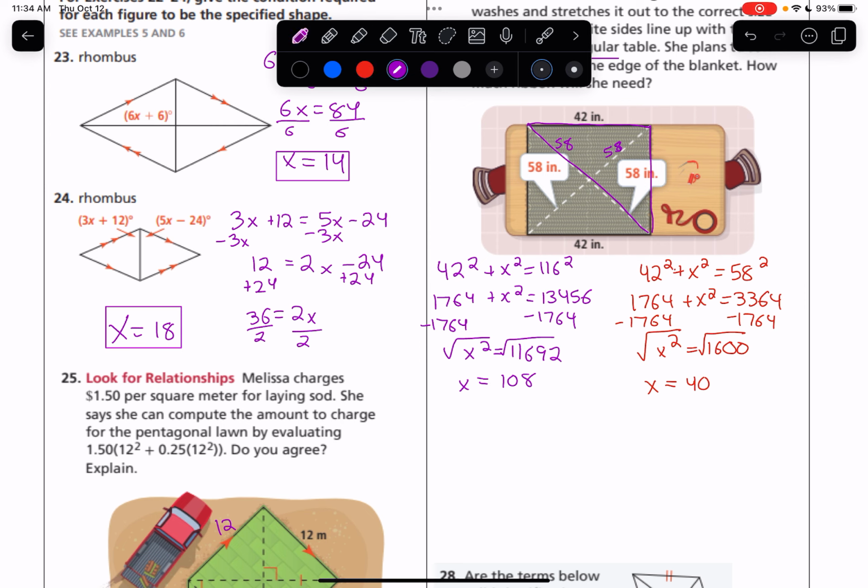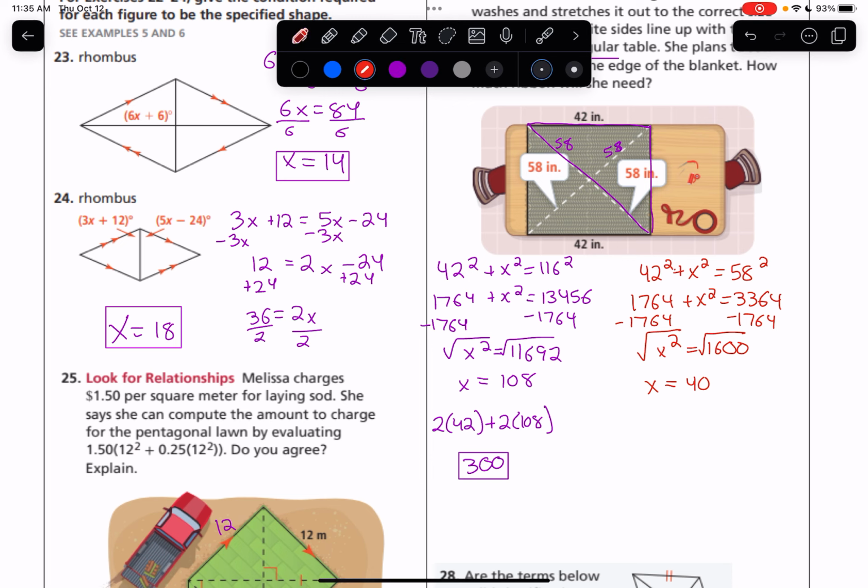If x equals 108, when we find the perimeter of the blanket, we'll do 2 times 42 plus 2 times 108, and that's going to give us 300 units. Or if we think that x, the other side length, is 40, that means that we have two side lengths that are 42.